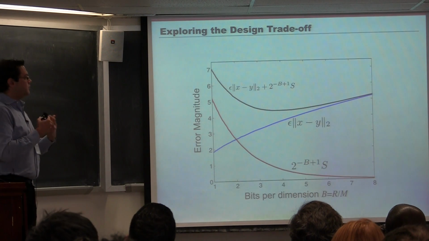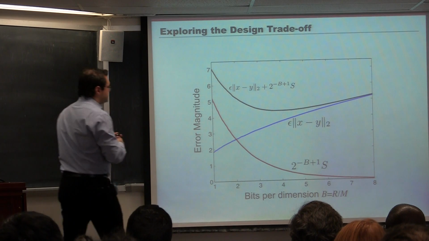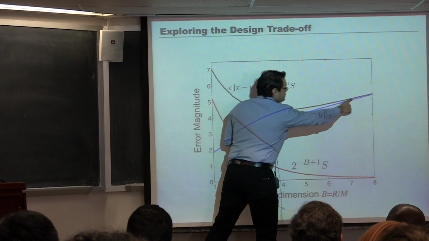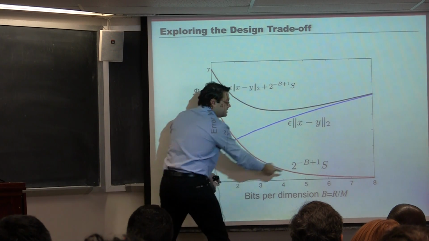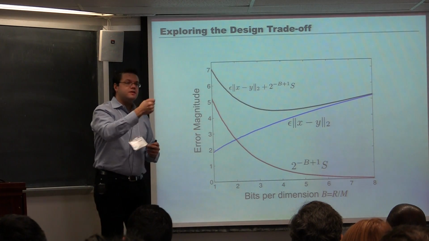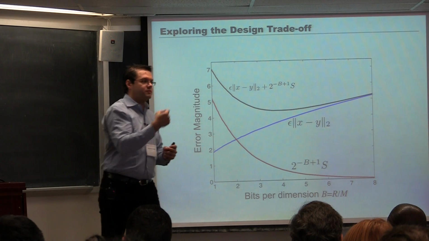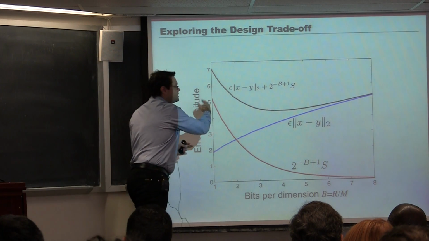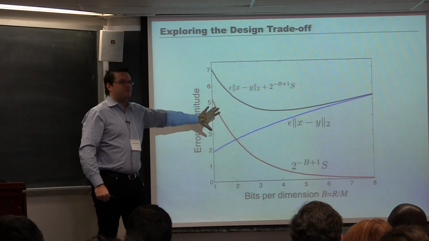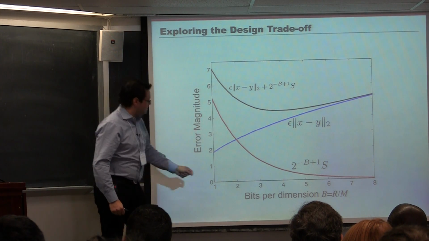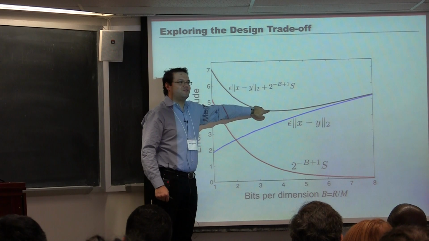So schematically, if you want to see it pictorially, there is the error due to Johnson-Lindenstrauss embeddings, and then there's the error due to quantization. And as you change the number of bits per dimension, keeping the rate constant, because that's what we care about, one increases, the other decreases. Now, there are a lot of constants here, so this is purely pictorial. This is not an exact thing where you can say, oh, this is my minimum, and therefore I can run that.